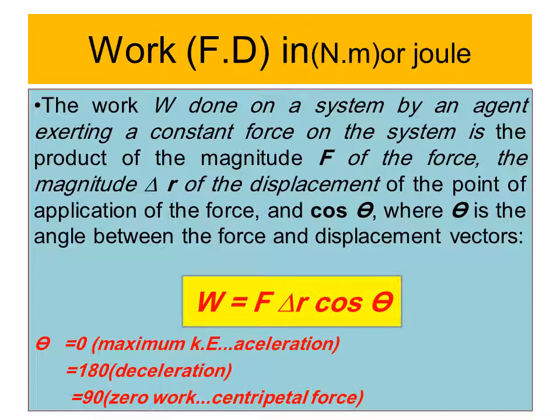First, if theta equals 0, we have maximum work; if theta equals 180, we have negative work; and if theta equals 90, we have 0 work. Also, if the distance equals 0, we have 0 work, and if the force is 0, the work is 0.